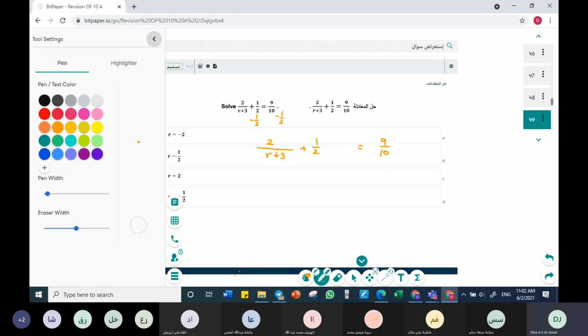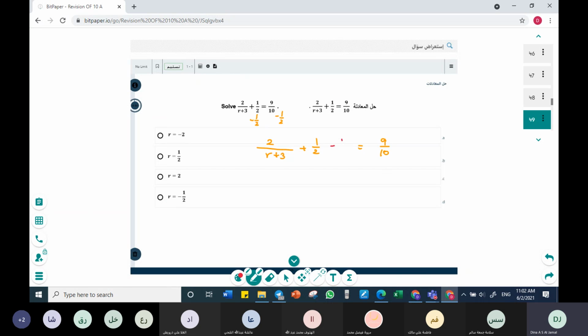Then what did I do? I subtracted half each side, which led me here to 0. So 2 over r plus 3 equal to, can you find this? 2 over 5.